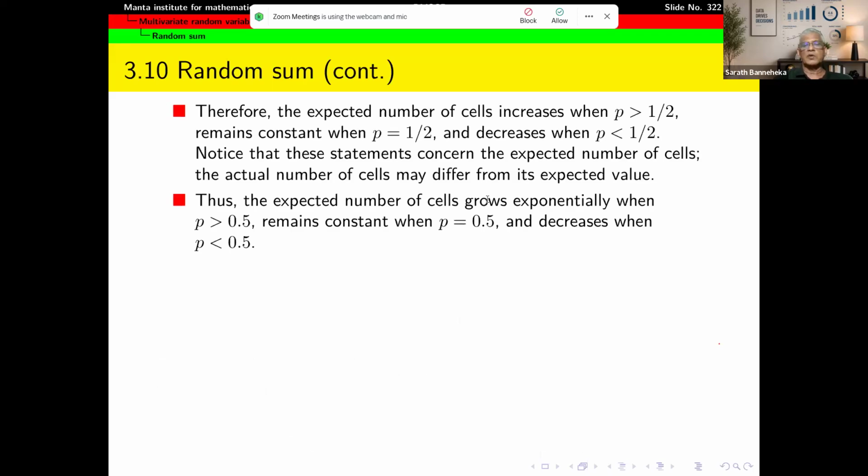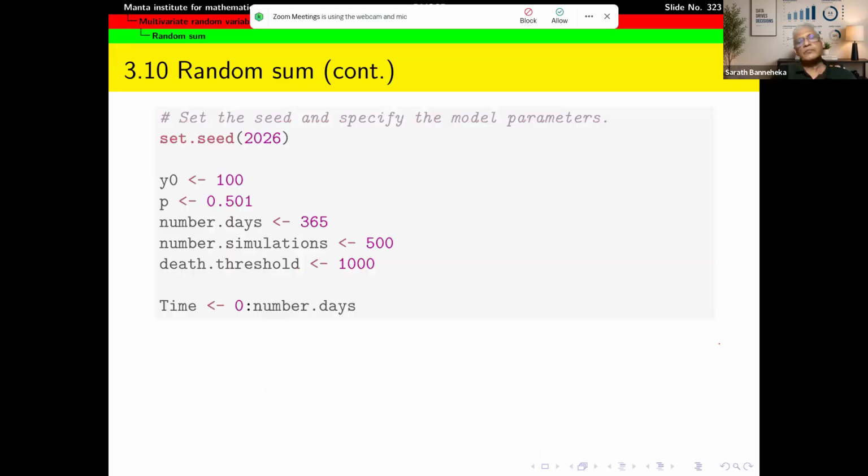The expected number of cells grows exponentially when p is greater than 0.5, remains constant when p equals 0.5, and decreases when p is less than 0.5. Okay. So now let us look at this expected value of Y_t, and also Y_t itself, in simulations.